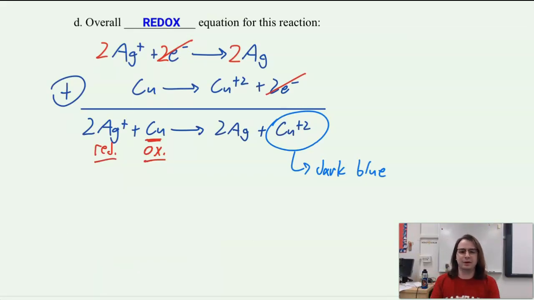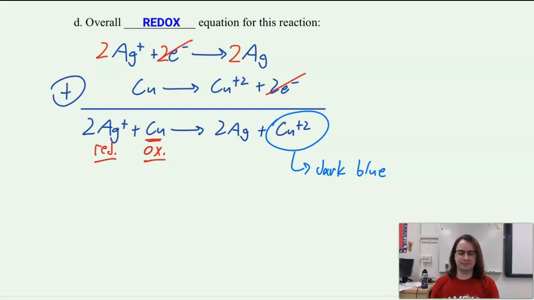So it kind of depends on the way you look at it. Either copper is being forced to lose electrons, or copper is forcing its electrons on silver. It just depends on the way you want to look at it. But copper is giving its electrons to silver. It is forcing silver to reduce. Therefore, it is the reducing agent, but it itself is being oxidized.